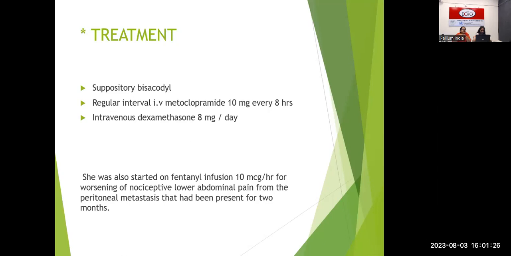So this was the treatment that was given to her. She was given a bisacodyl suppository at regular intervals. She was given IV metoclopramide 10 milligrams 8 hourly and intravenous dexamethasone 8 milligrams. Do you have any opinion on this prescription? Do you think this prescription is correct or wrong? This was the management given to her.